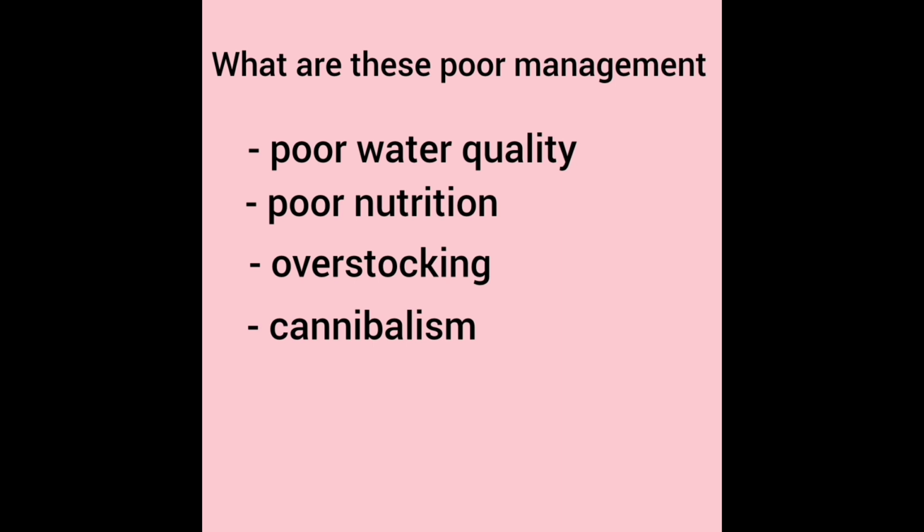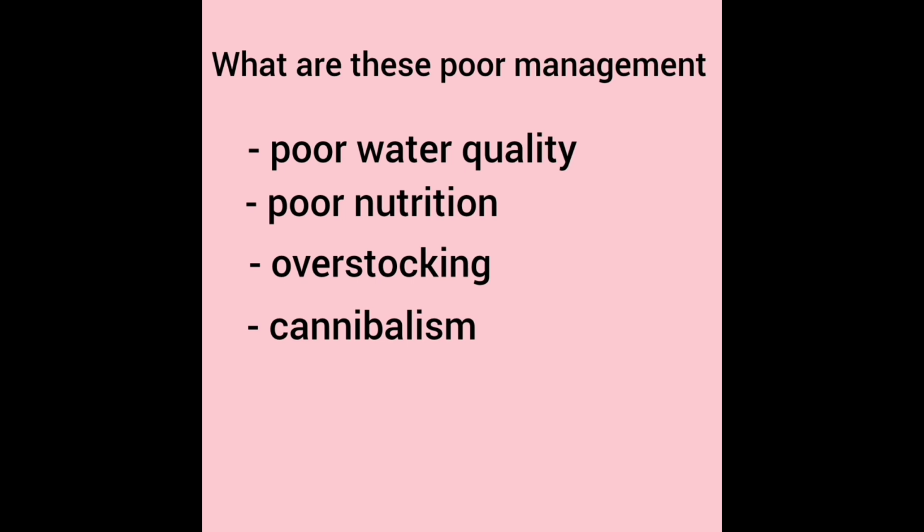Another one is poor nutrition. When you feed the fish with just whatever you want, it can also affect their immune system. They can also come down with this disease that will result in what? In this very fin rot. Next is overstocking. When a pond that ought to take 2,000, you are overstocking it to 3 or 4,000.